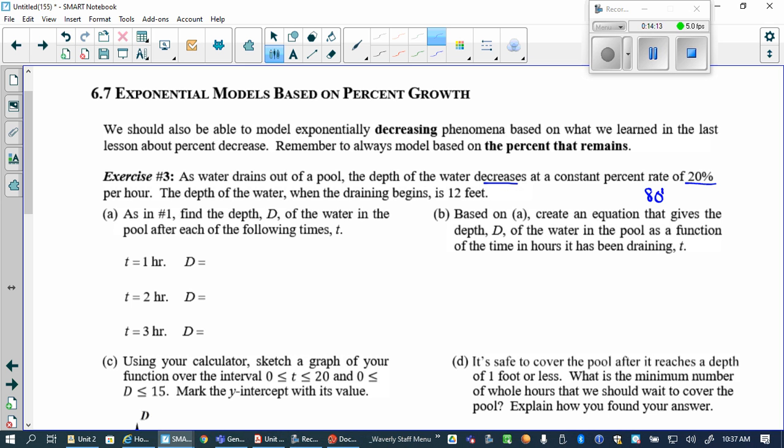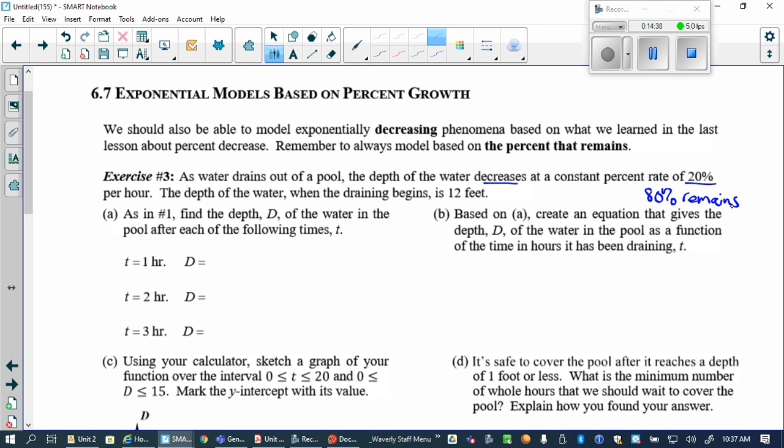So 80% remains every hour, right? So basically, it's our 1 minus 0.2. What's 80% as a decimal? 0.8. What's 1 minus 0.2? 0.8. You see, same thing?